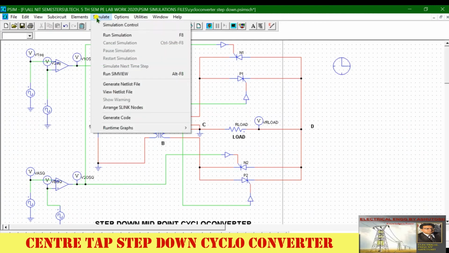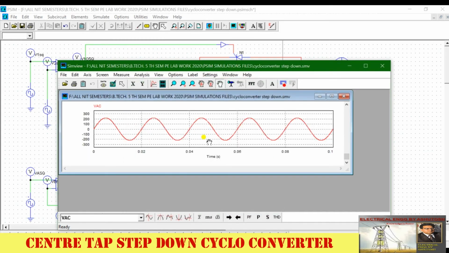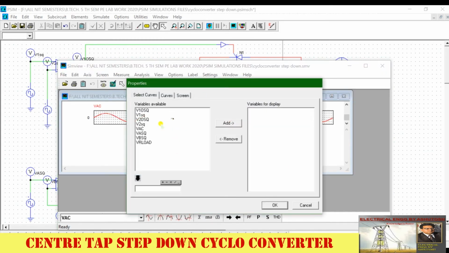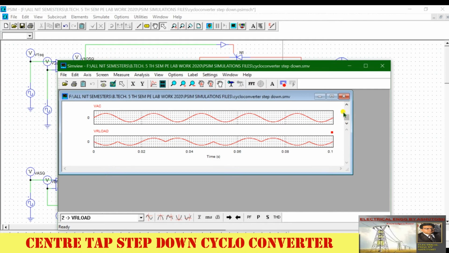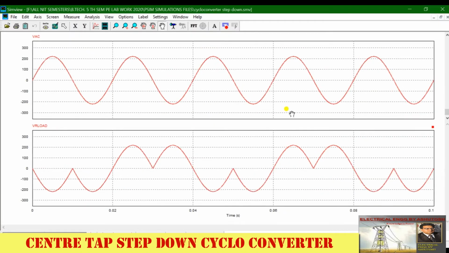You can see from the simulation, this is AC supply, input supply, what we are getting from the source, and this is the supply voltage across the load resistance, and which is being half. You can see here, this is complete cycle of one cycle of AC. Okay, and this is two half cycles.